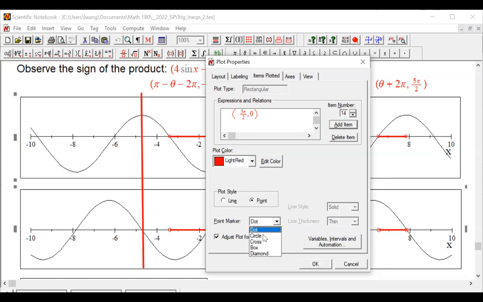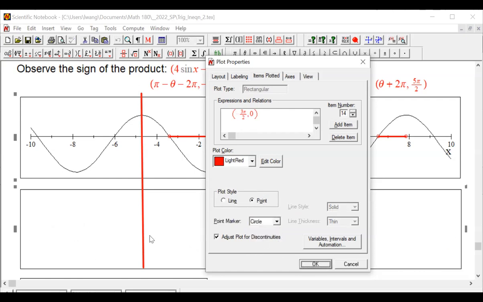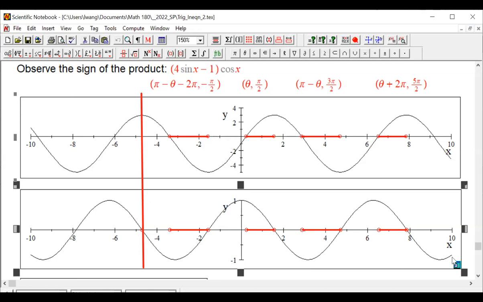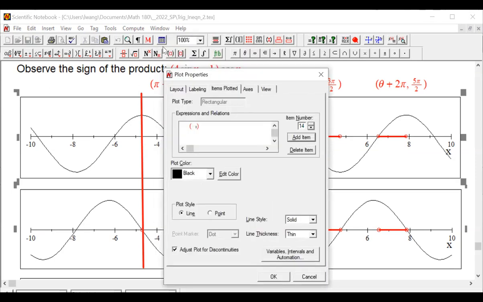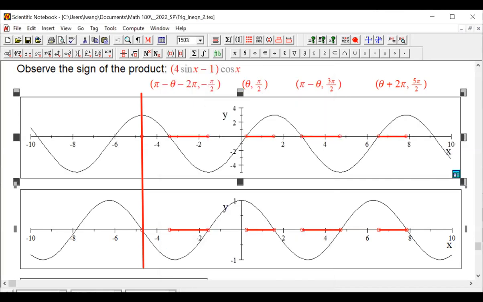I'm just using that software. And I'm going to mark the same point on the next picture, negative 3 pi over 2, with a circle. So we get two circles identified.